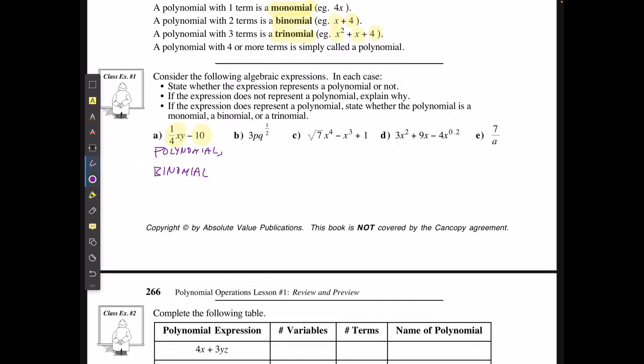In the second case, it is not a polynomial. And the reason for that is I have an exponent that is not a positive whole number.